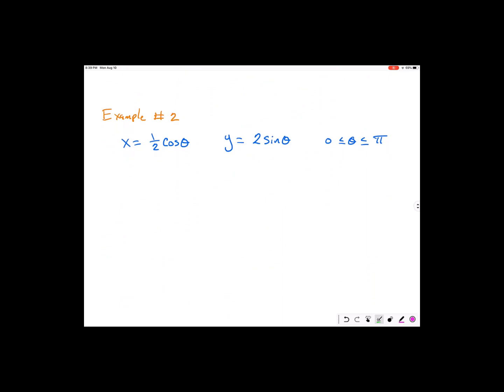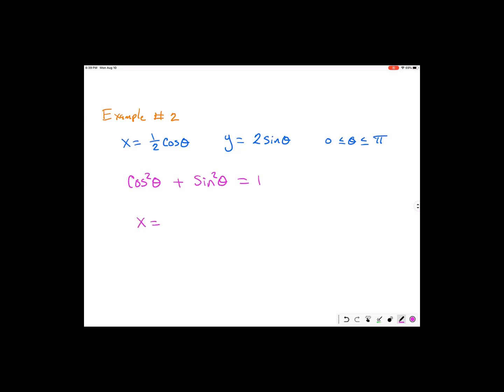Another way that we can eliminate the parameter is by remembering this situation where we have cosine squared of theta plus sine squared of theta is equal to 1. So the Pythagorean identity, sine squared of theta plus cosine squared of theta is equal to 1.